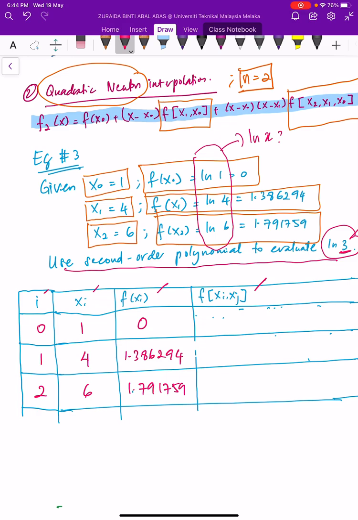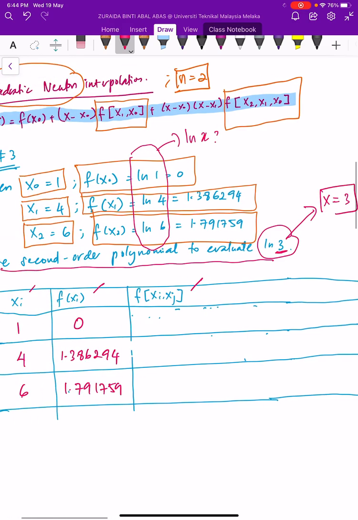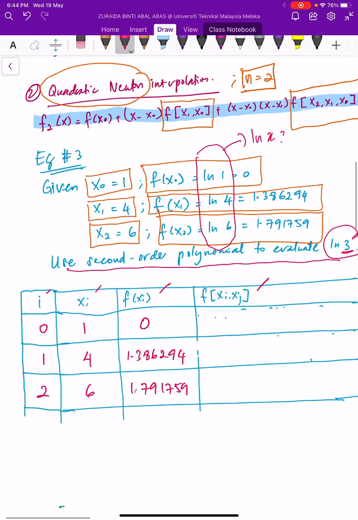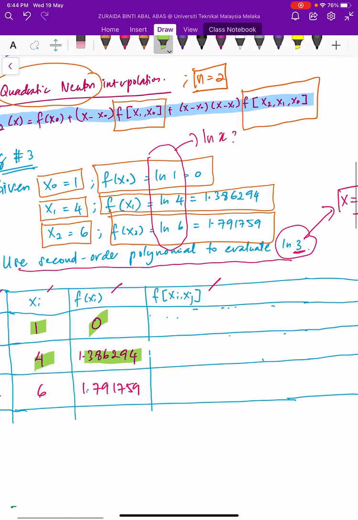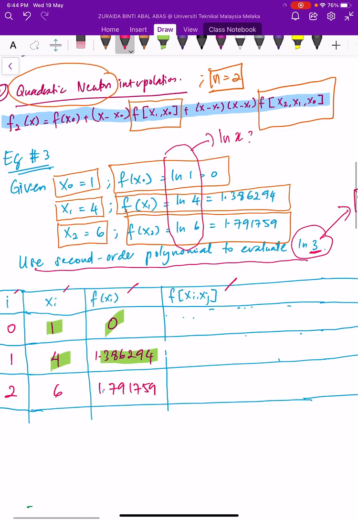Okay, let's do the first divided differences. The first divided difference is a combination of f of x1, x0.